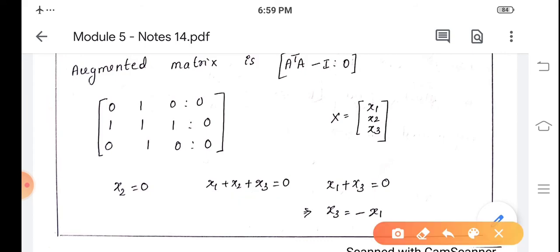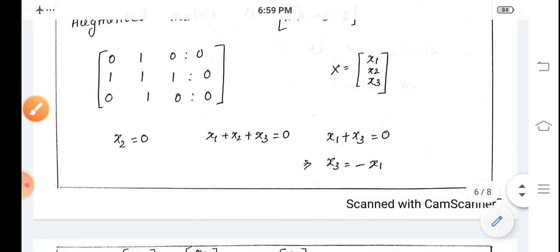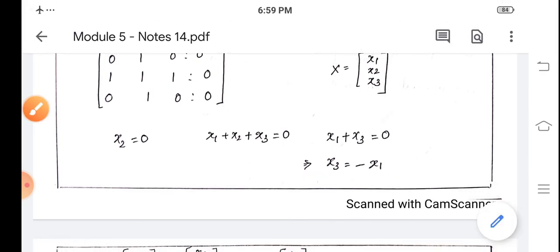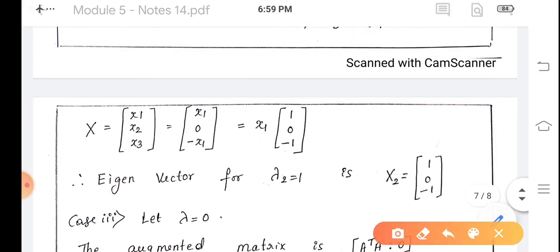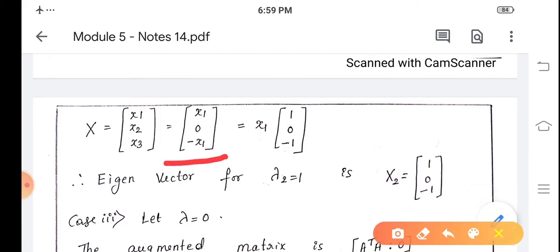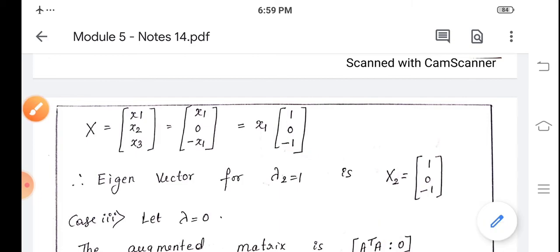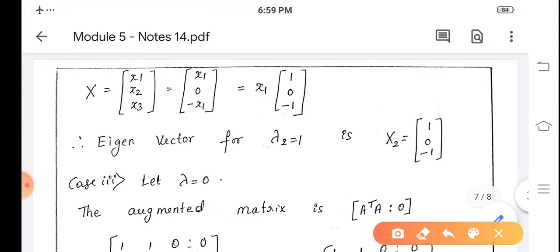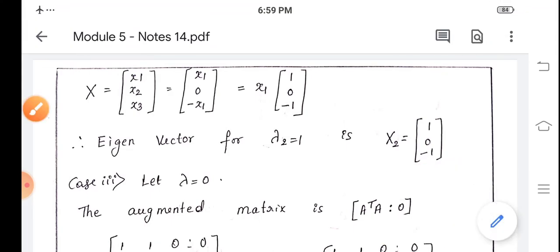And since x2 equal to 0, it is x1 plus x3 equal to 0, or we write it as x3 equal to minus x1. Now the column vector x is x1, 0, minus x1, or x1 into 1, 0, minus 1. So we take the eigenvector for lambda 2 equal to 1 as 1, 0, minus 1.